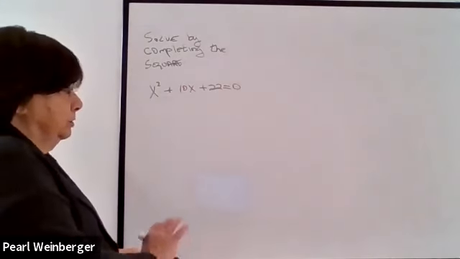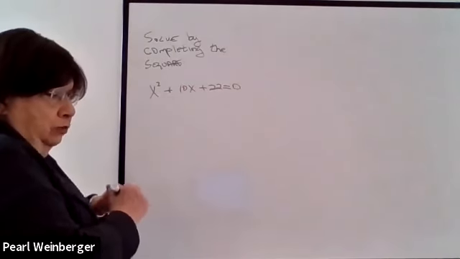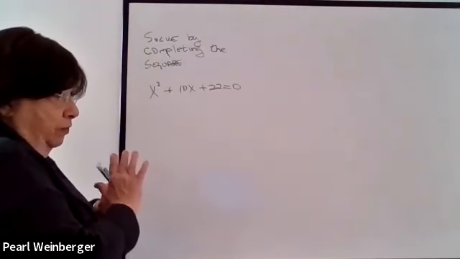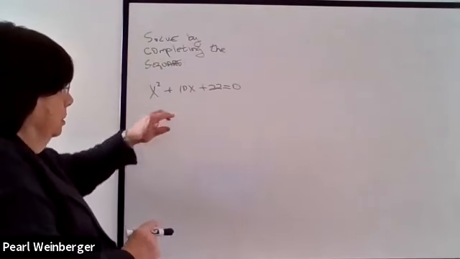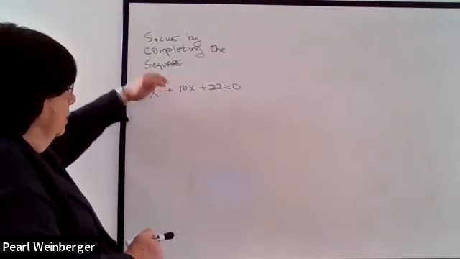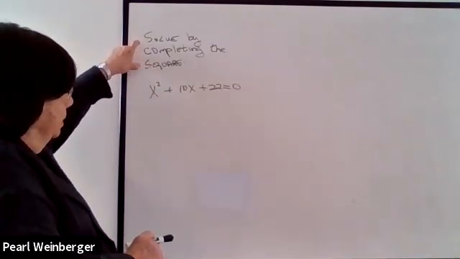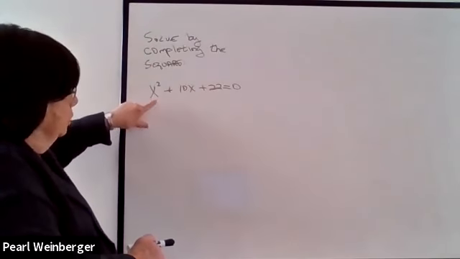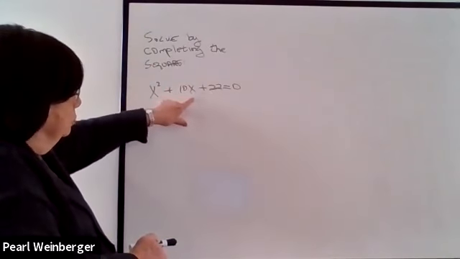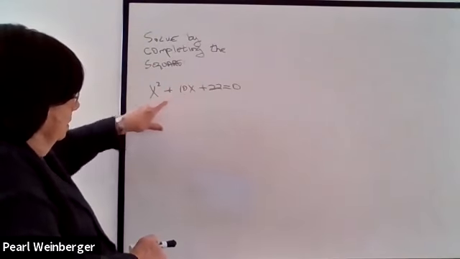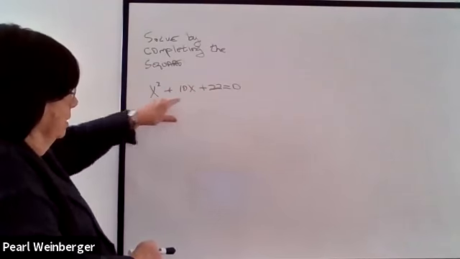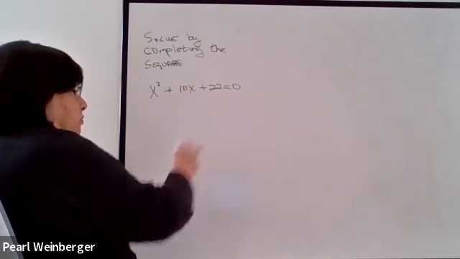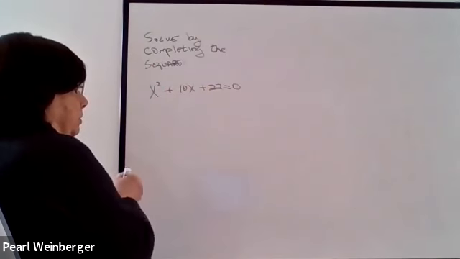And I'd like to go through the steps of completing the square again, all the way from the beginning to the end. When we want to solve a quadratic equation by completing the square, we have to make sure that we have only the terms with x's on the left side, and any constant term has to be brought to the other side.